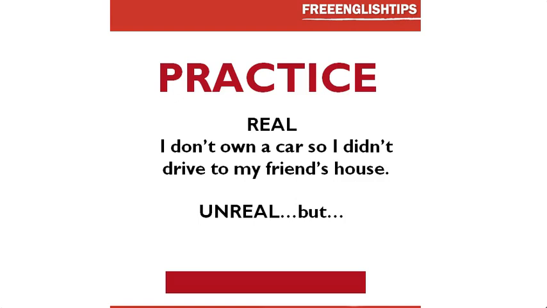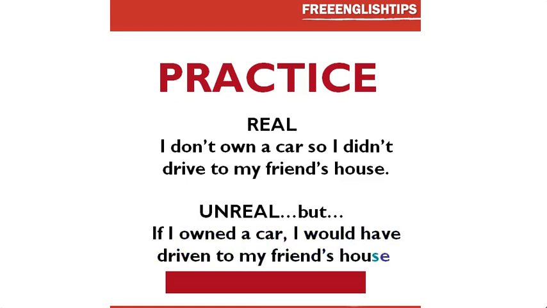The unreal situation, the hypothetical conditional situation says, I don't own a car so I didn't drive to my friend's house, but if I owned a car, I would have driven to my friend's house. In this case, we are mixing condition 2 in the present with condition 3 in the past.